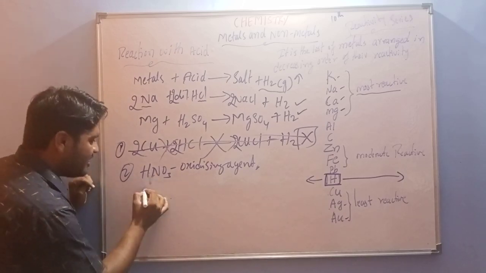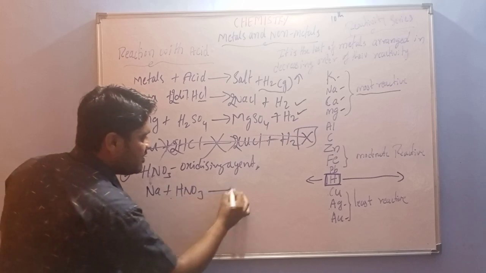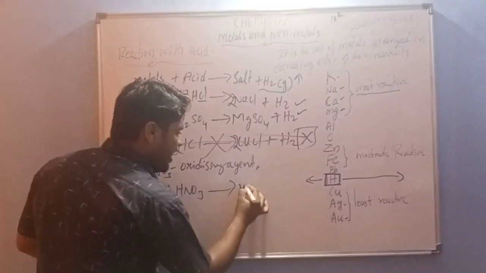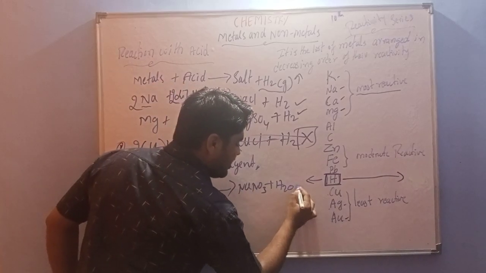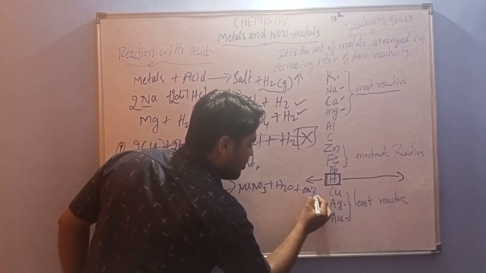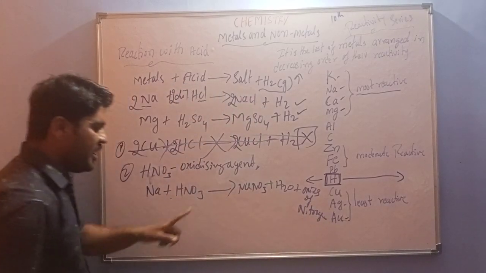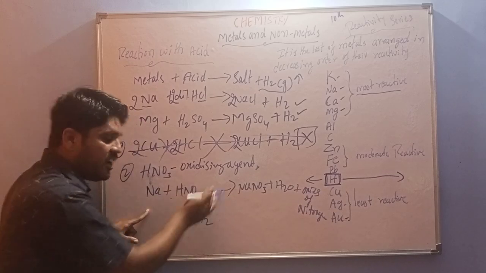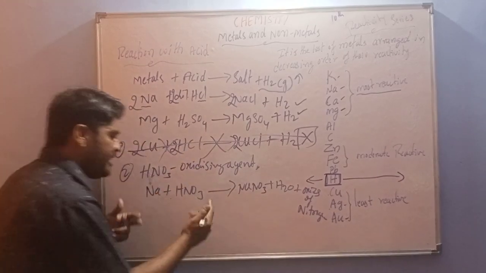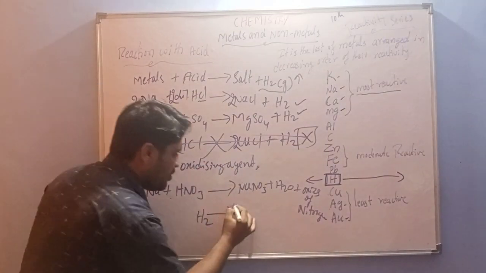In this, what happens? Let's see. When sodium reacts with HNO3, it produces NaNO3, water and some oxides of nitrogen. That means hydrogen is liberated in this reaction also, but simultaneously this hydrogen is oxidized to convert into water.